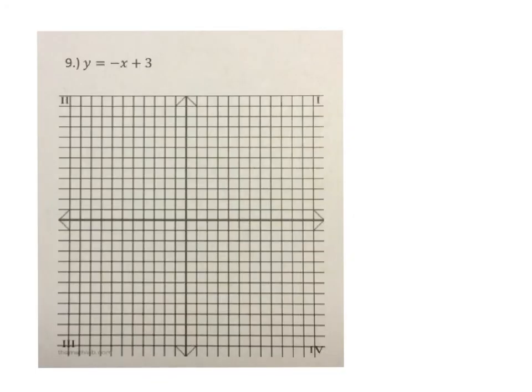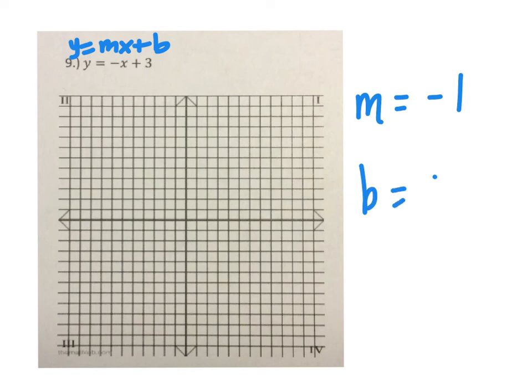Okay, same directions for number 9. So I can see this time my m is just negative in front of the x, so I can slide the value of 1 in there. Negative 1 is my slope. And the b is positive 3. And remember, begin at the b. Begin at the y-axis and plot a point on positive 3.